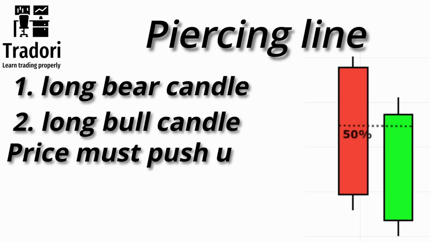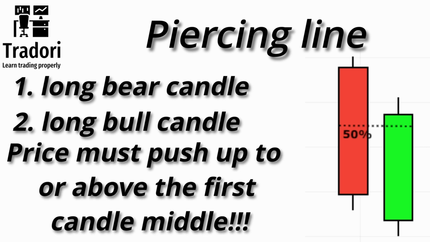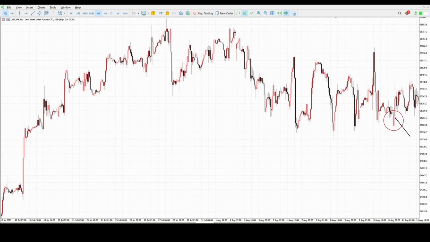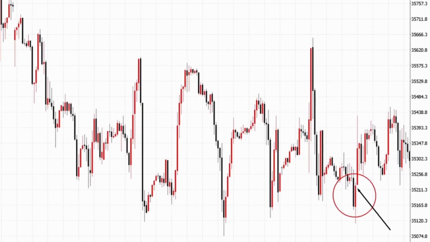Price must push up to or above the first candle's middle. If it does not reach that level, the pattern is not there. In this example, there is a small gap between those two candles. The second candle closes above the first one's middle, which indicates a potential direction upwards.